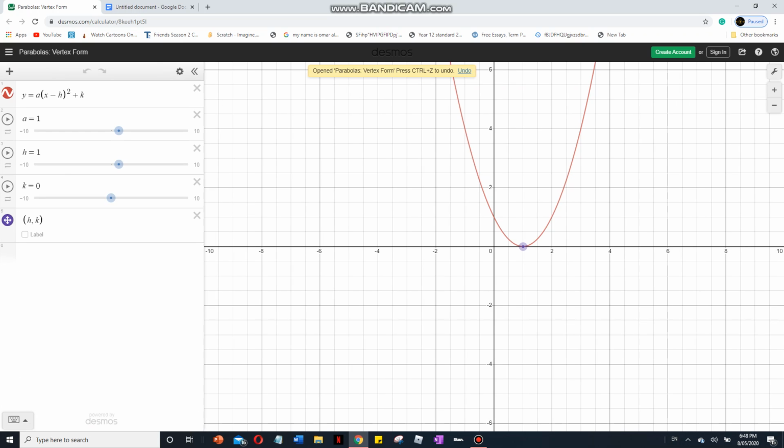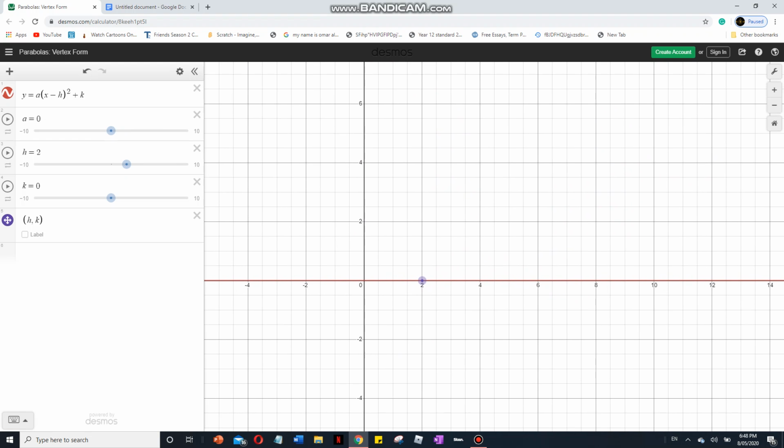So, this is simply, say I have H as 2, that means X would be 2 to make it equal 0. So, let's just make it 0. So, we can try to look at the points ourselves.